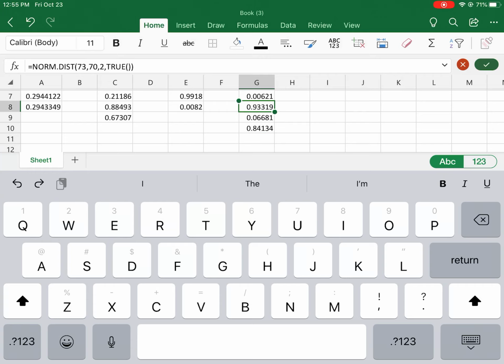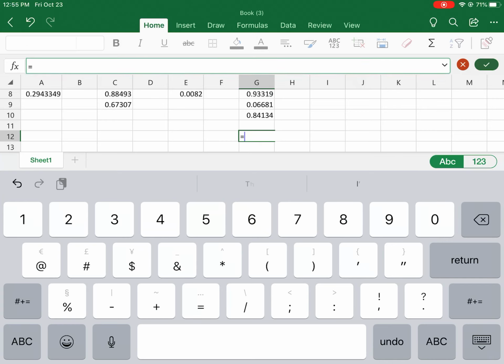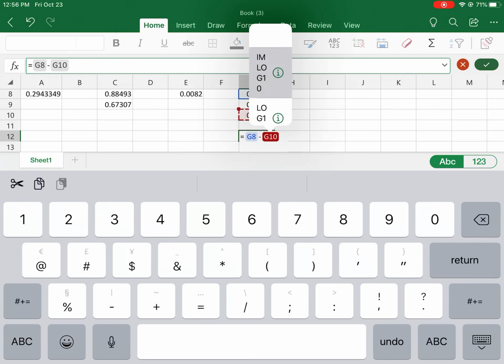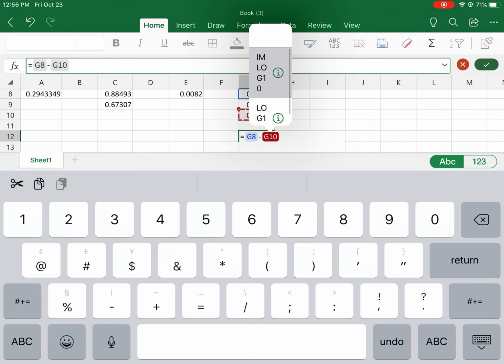Now remember, we actually found for 73, that would be this one right here. Okay, so if it's 73, now we can just subtract the smaller from the bigger. So this is equal to 73 minus the probability that it is less than 72. Ooh, I have no idea what happened there. There we go.